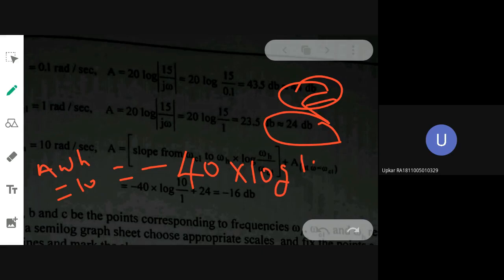Next, finally you need to determine the omega H value. For that, the change in slope is minus 40 into log of the present frequency, 10, divided by the previous frequency, 1, plus the previous gain, 24. What is the value for this case?